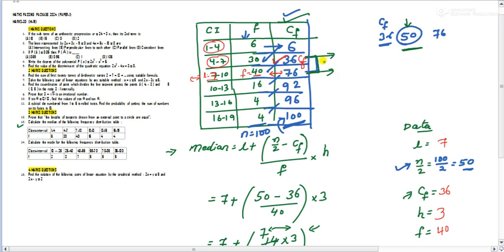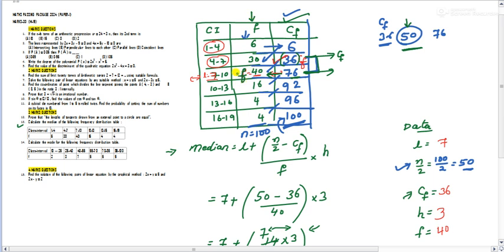The smaller number in CF becomes our CF value. And for the bigger number, the one which is adjacent in the frequency column, that is F.